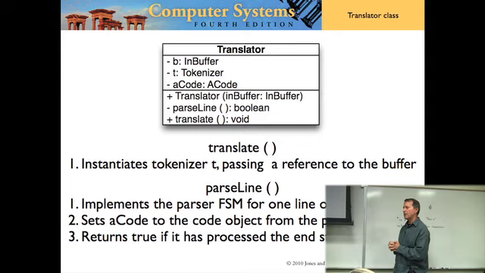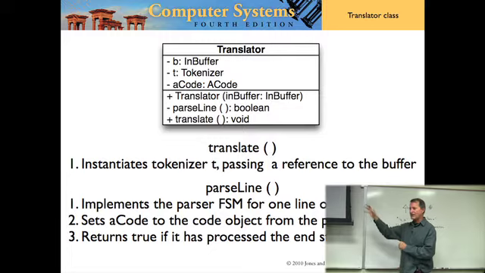Do you remember who actually allocates the in buffer? It's that first action performed, because at the very beginning the main program has access to the user interface. It gets the source program as a string, sets up the in buffer that way, and then instantiates a translator.